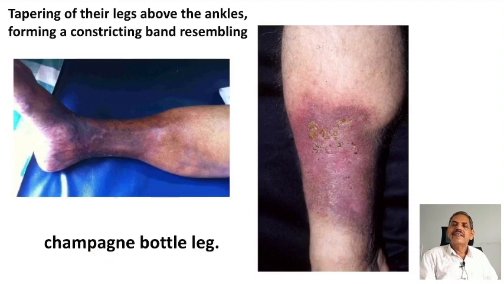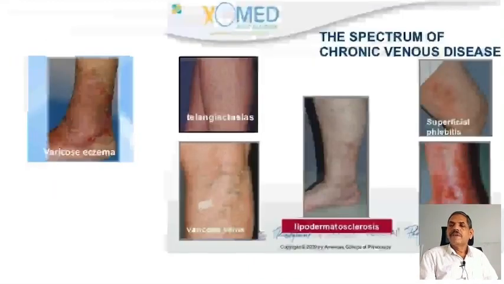Strictly speaking, it is the inverted champagne bottle appearance, and this is due to the constriction in the subcutaneous tissue, making the soft tissue remain above this level, and this is a typical appearance of lipodermatosclerosis.